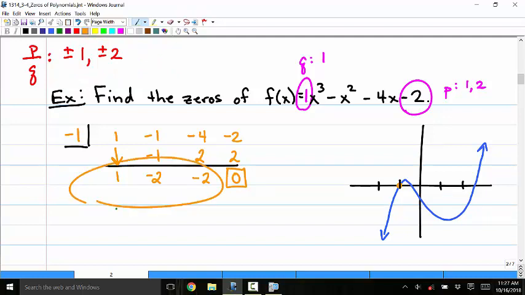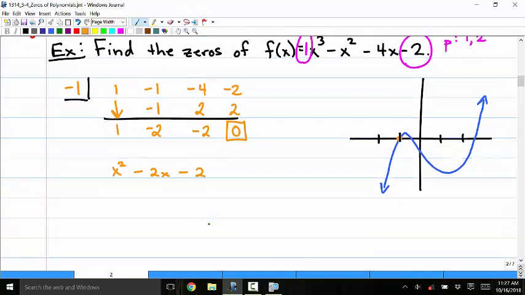What polynomial corresponds to that? I have x squared minus 2x minus 2. Do you agree? If I set that equal to 0 and solve for x, how could I solve for x?